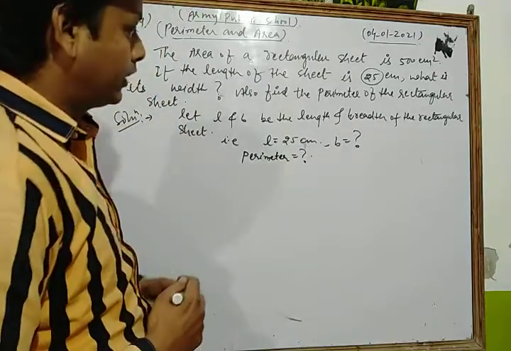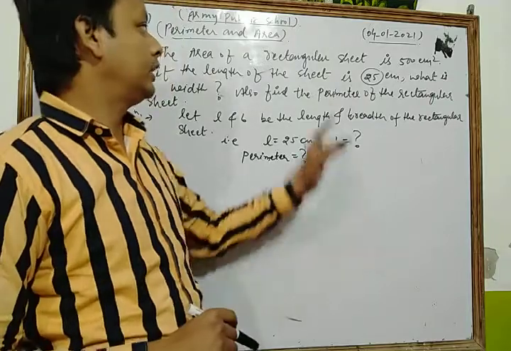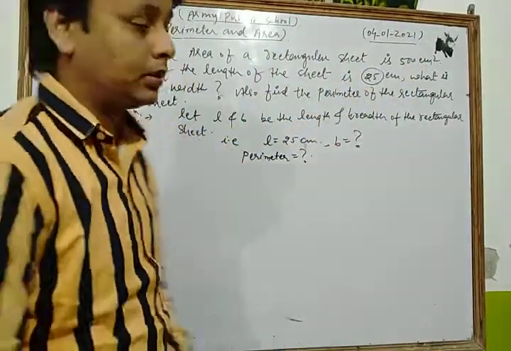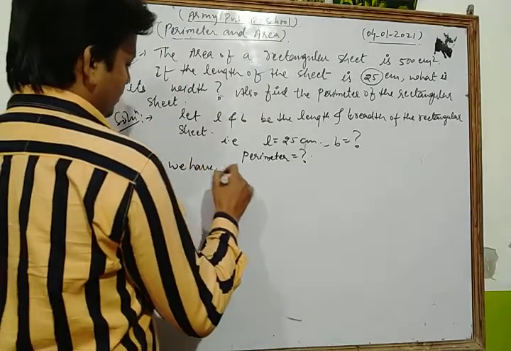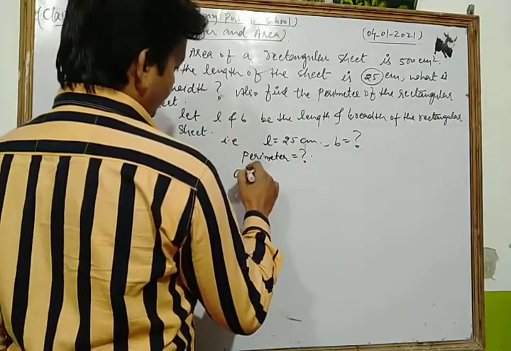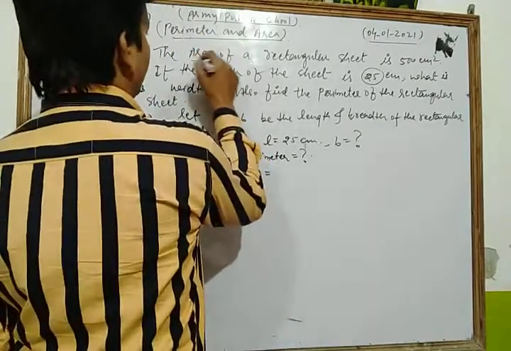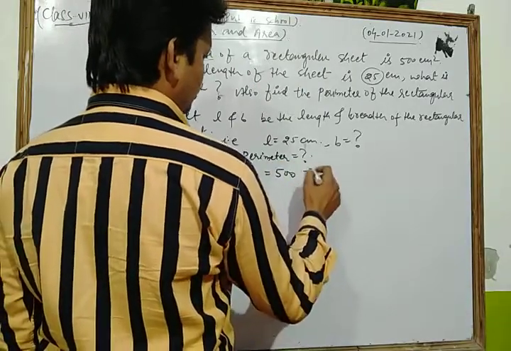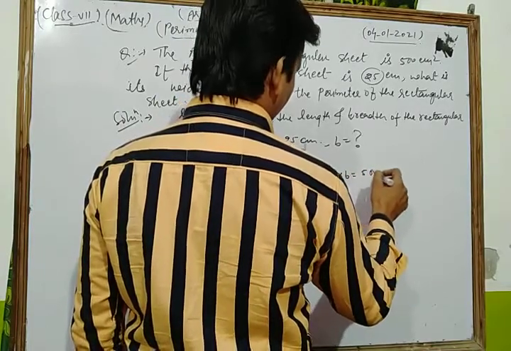Dear students, first of all, what is given in that question? The area of the rectangular sheet is given as 500 centimeter square. So area is length into breadth, which is equal to 500.